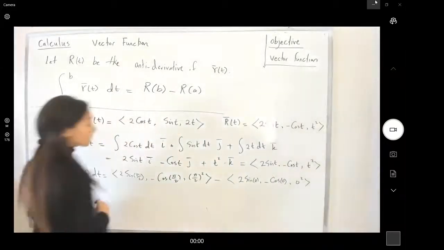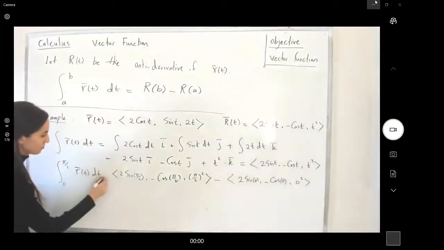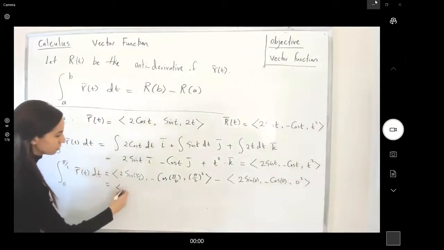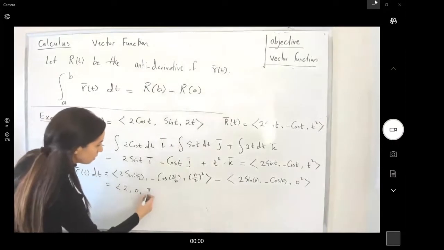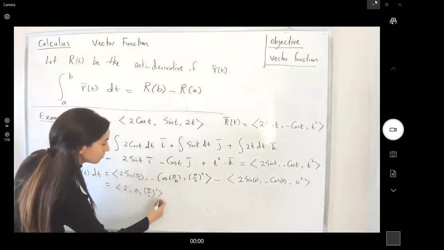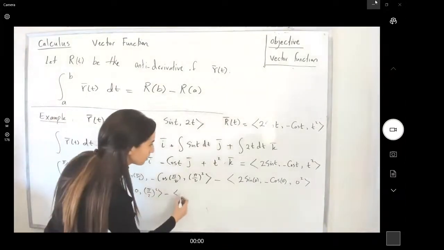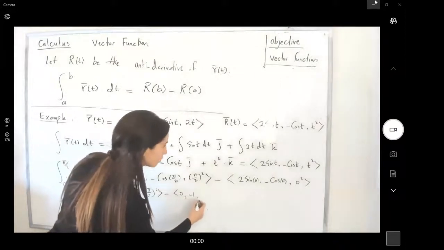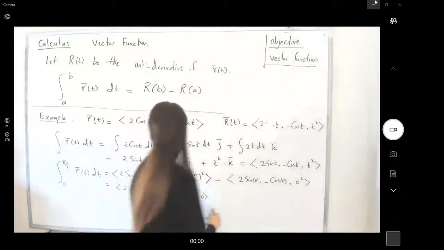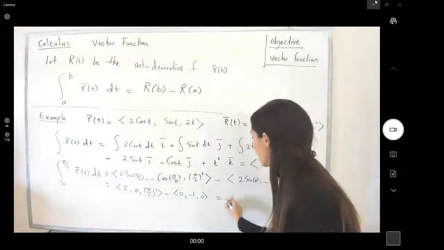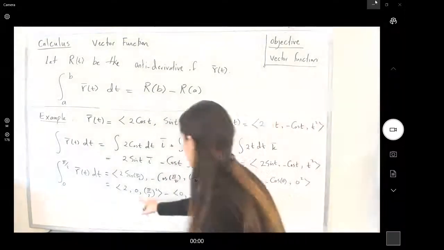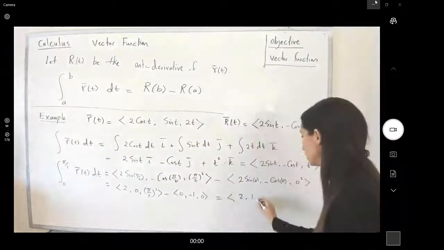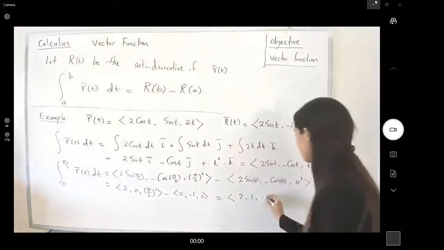The outcome is a vector. So this is equal to (2, 0, (pi over 2) squared) minus (0, negative 1, 0). You combine these two, and the outcome is 2 minus 0, which is 2, 0 plus 1, and then pi squared over 4.